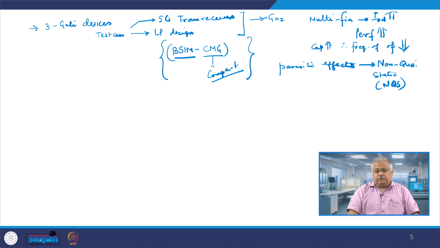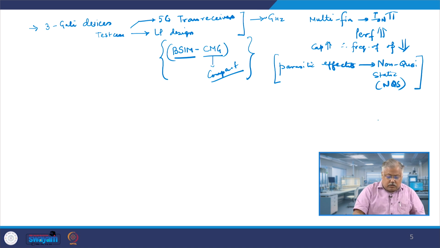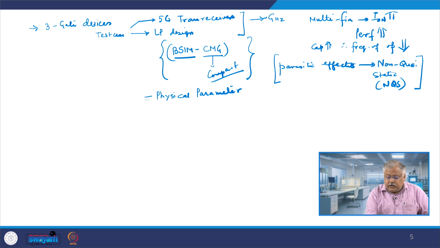We do all these things, and the multi-fin structure coming into picture will increase the parasitic capacitances. Now if we are able to extract these parasitic capacitances using the non quasi static model, we need to first of all understand what are the physical parameters which actually influence the extraction or influence the capacitive loading.